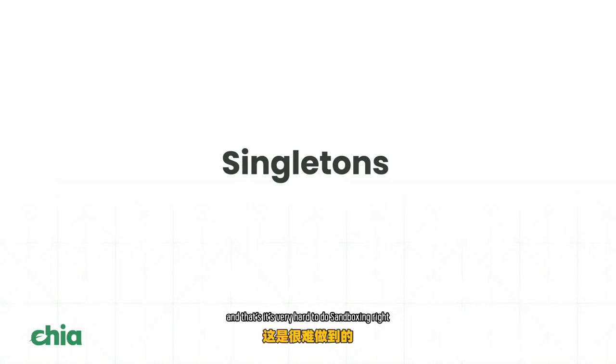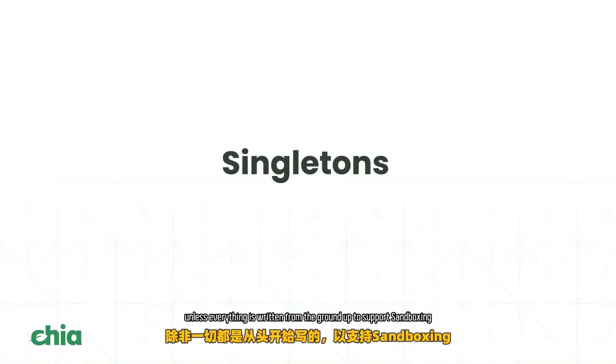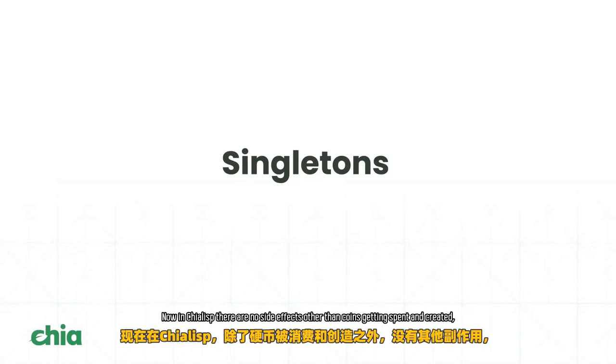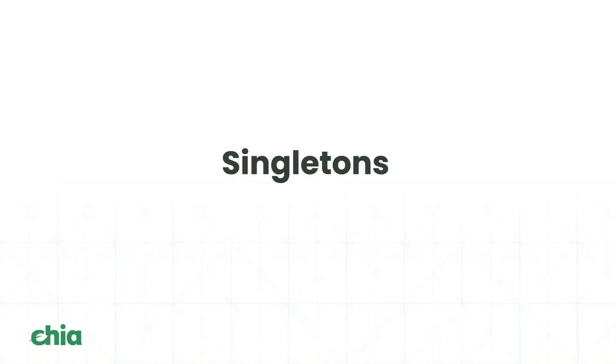And it's very hard to do sandboxing right unless everything is written from the ground up to support sandboxing. Now, in Chialisp, there are no side effects other than coins getting spent and created, which makes sandboxing relatively easy.